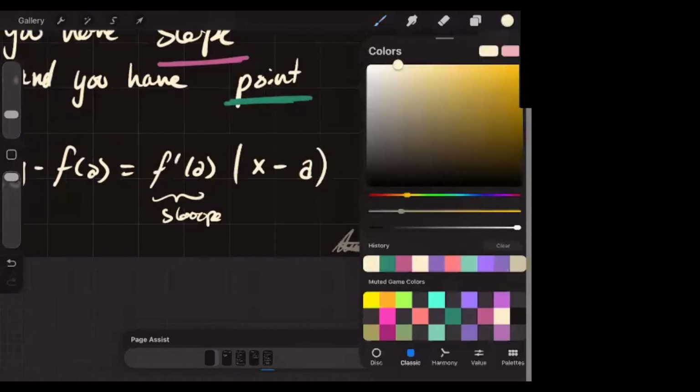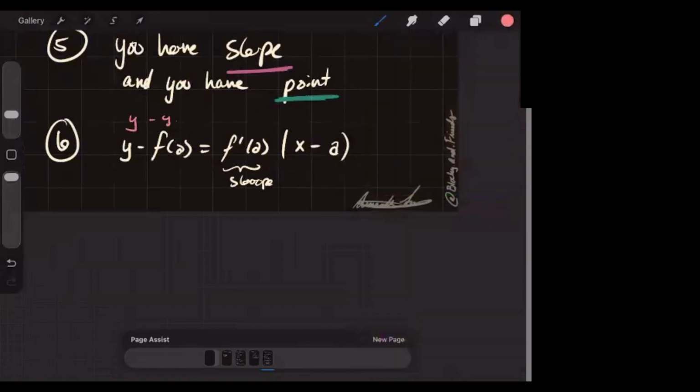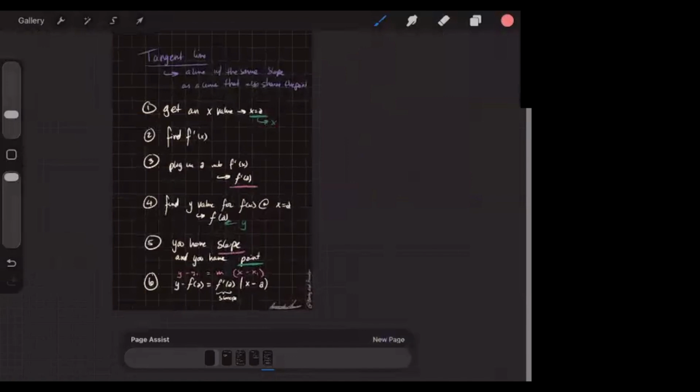Because this is the same form as, let's use a different color, y minus y1 is equal to m times x minus x1. Magical. That's it. That's how you find tangent lines. I don't know why I had such a hard time with it when I was learning it, but here we are.